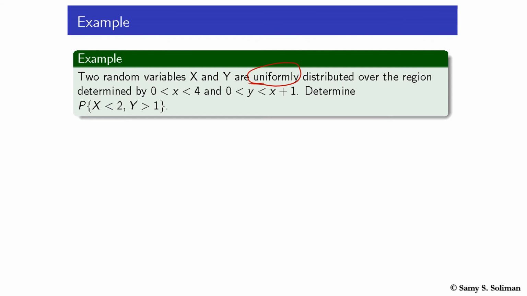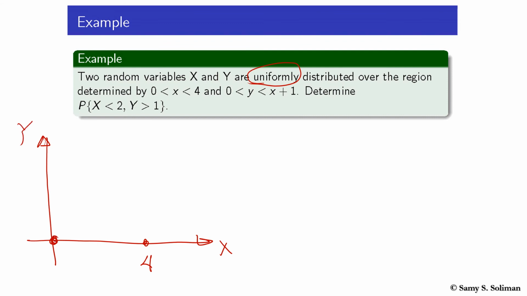In such problems, we might be interested in drawing the region over which the PDF is defined. So we are given that x ranges from 0 up to 4, while y is defined in the region from 0 up to x plus 1.